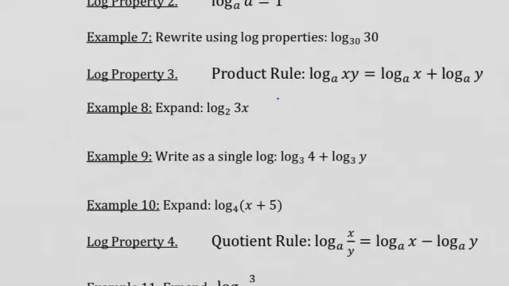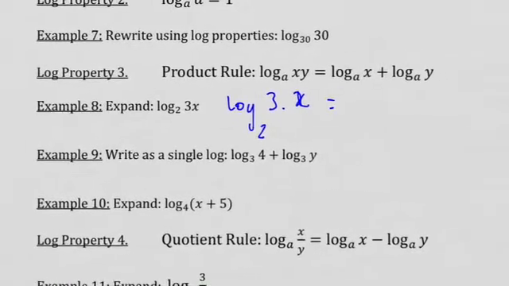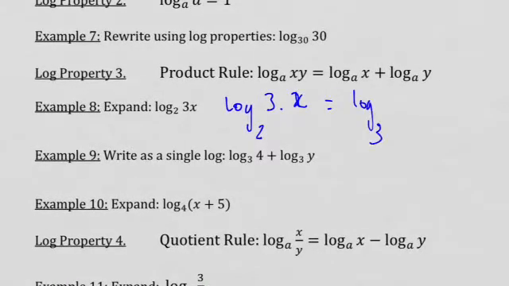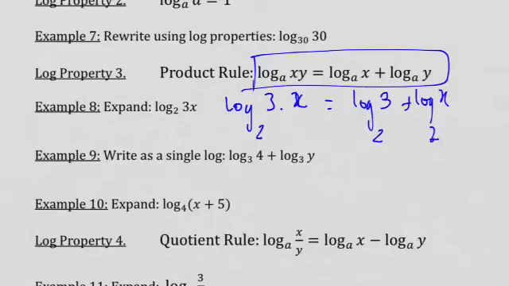We have log base 2 of 3 times x. And so that means log base 2 of 3 plus log base 2 of x, applying directly the product rule property.